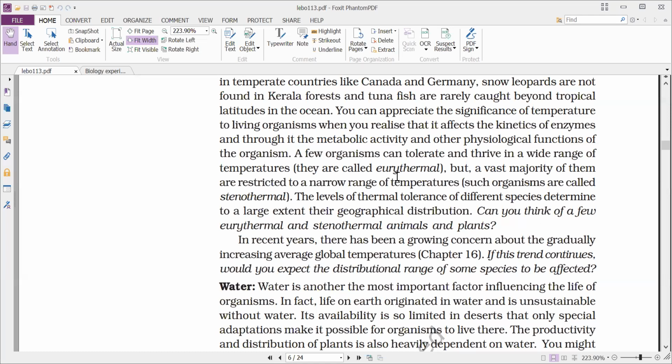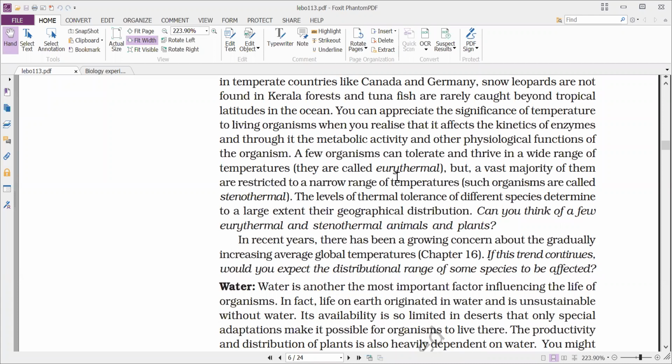And next, the levels of thermal tolerance of different species determine to a large extent their geographical distribution. That means if organisms are able to tolerate a wide range of temperatures, they are able to thrive in certain geographical areas.